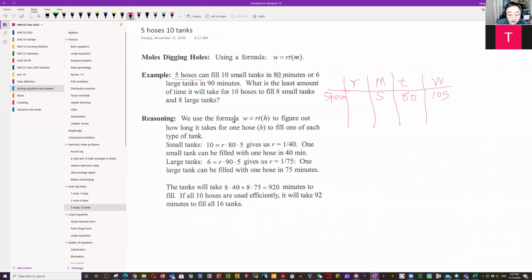Then we have 6 large tanks. So 5 holes still can fill 6 large tanks in 90 minutes. So still 5 holes. And we're going to be able to calculate the rate to fill the small tank and the rate to fill the large tank.